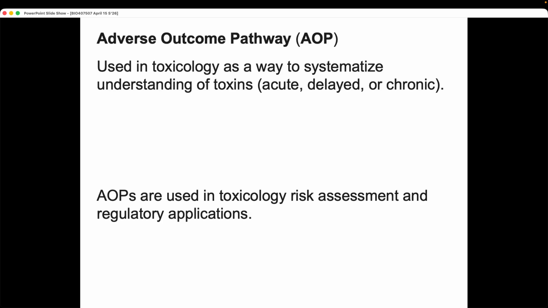So modern toxicologists like to do something they call an adverse outcome pathway. And we're just using that to help frame our own work and the way we do it as biologists, right? So it's used in toxicology as a way to systematize our understanding of toxins.